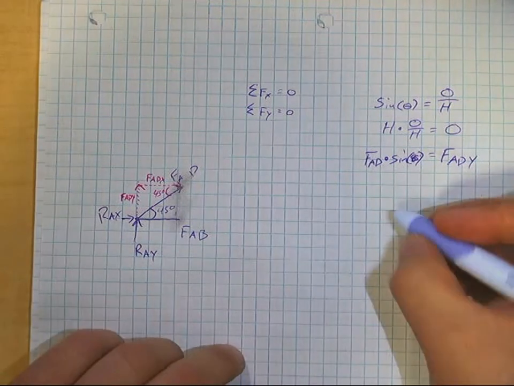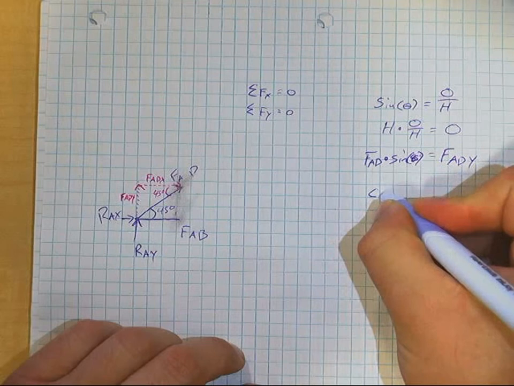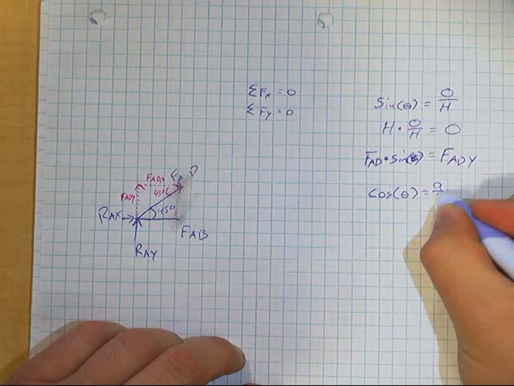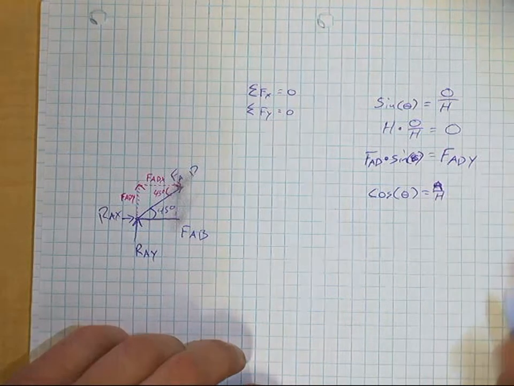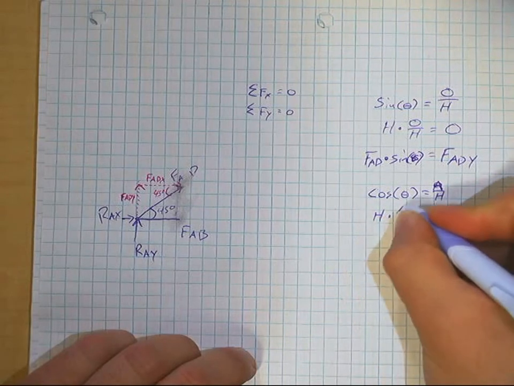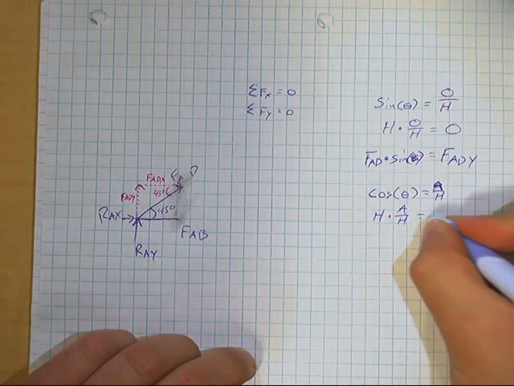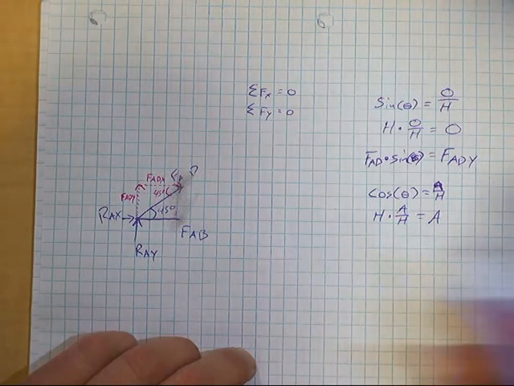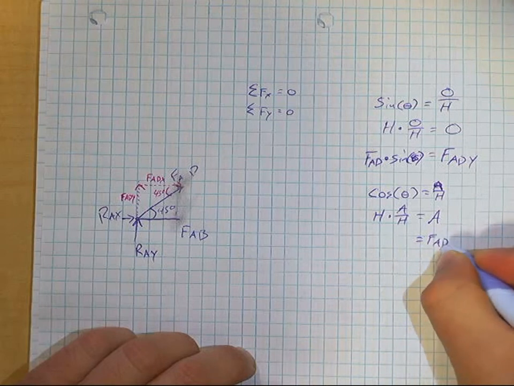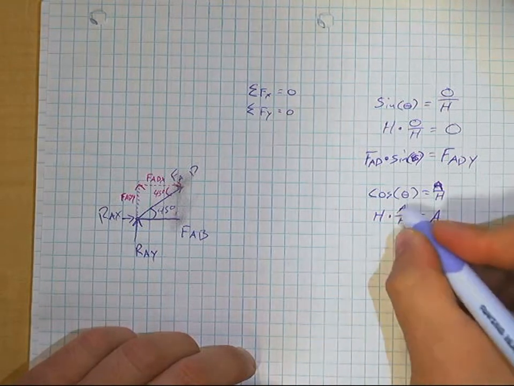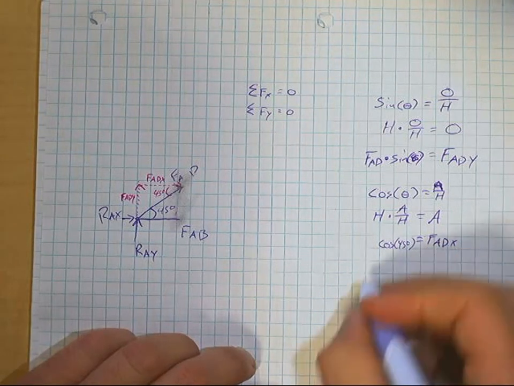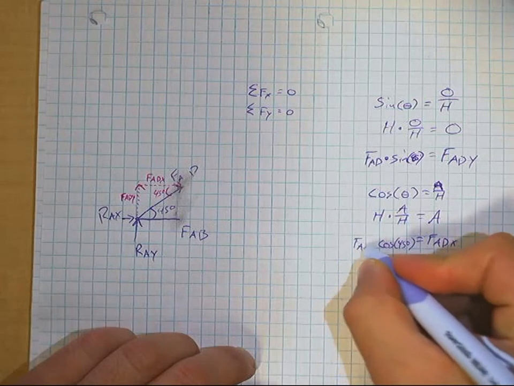We can do the same thing with cosine. Cosine of theta is equal to adjacent over hypotenuse. We can multiply the hypotenuse by adjacent over hypotenuse and get adjacent. So in terms of our equation, the adjacent side is FADX, our adjacent over hypotenuse is cosine of 45 degrees, and our hypotenuse is FAB.